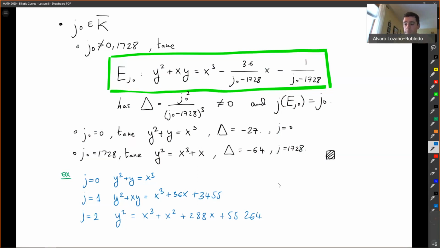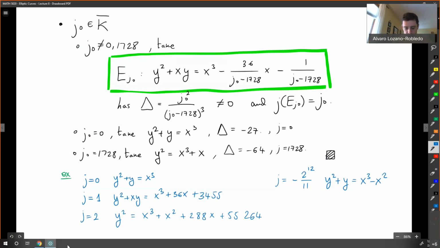For example, the elliptic curve that has the simplest coefficients actually has j-invariant 2 to the 12 divided by 11, of all things. This has a model y squared plus y equals x cubed minus x squared. If you really want to find elliptic curves with small coefficients, what you're looking for is actually the conductor of an elliptic curve. So maybe it's a good time to also bring up the LMFDB.